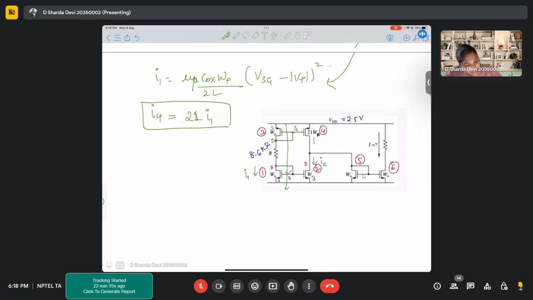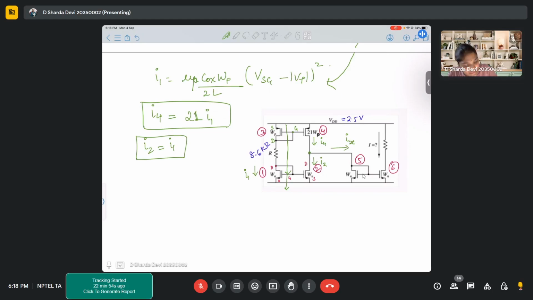So now we know the current flowing through this fourth transistor is I4. Current flowing through the second transistor is I2, which is equal to I1. We already know this. Now let's say the current flowing through this transistor is Ix for now.